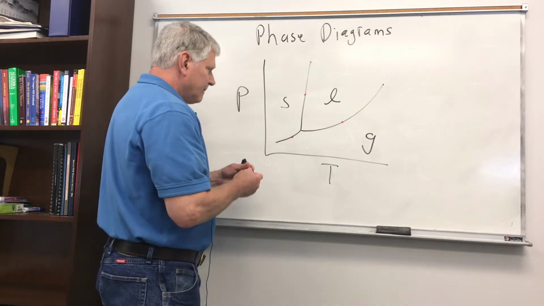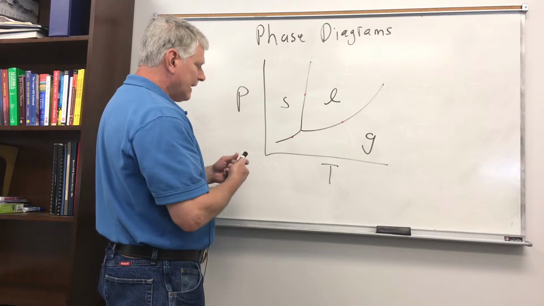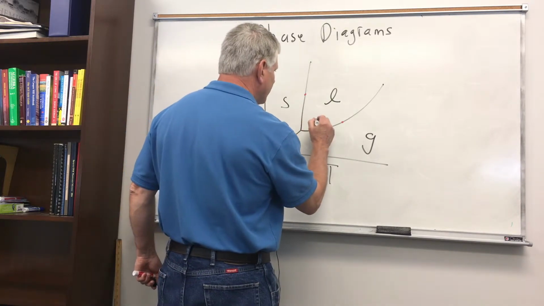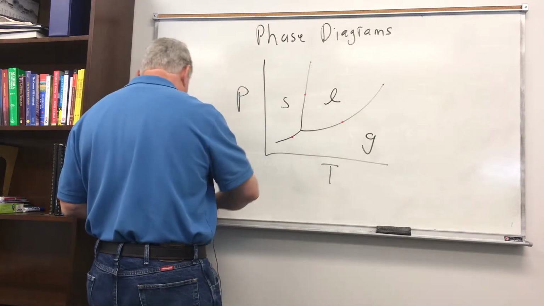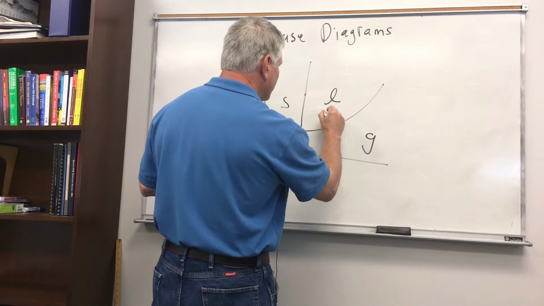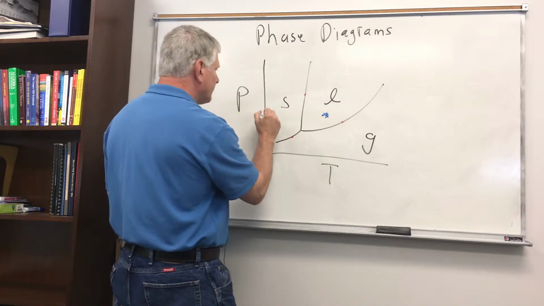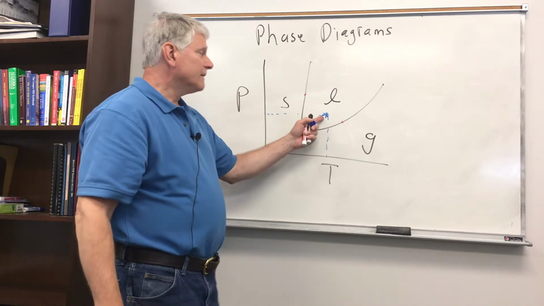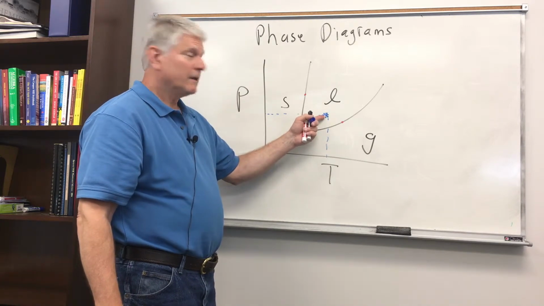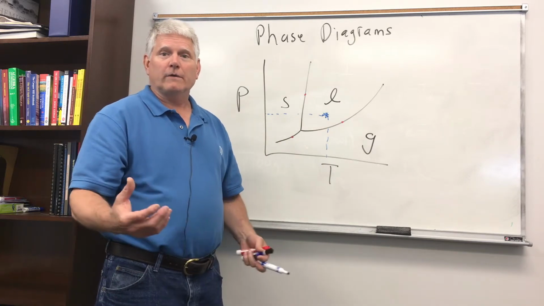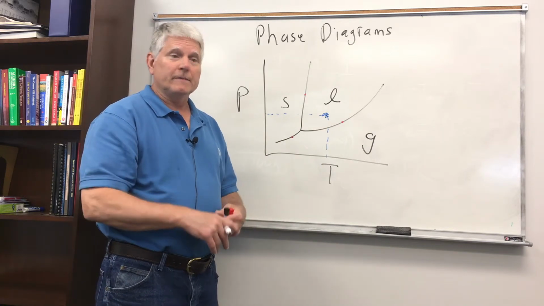So say I'm in this area right here, just in blue so you can see it. So I'm right here at a particular pressure and temperature. Liquid phase is the most stable at this point. So this would be like having water at room temperature in a beaker.